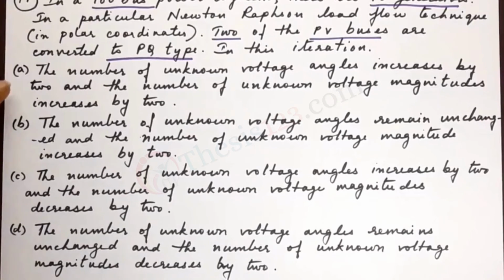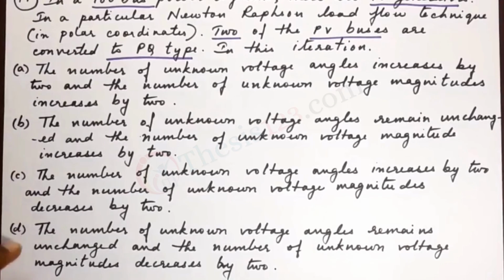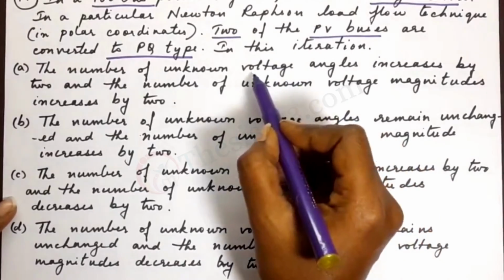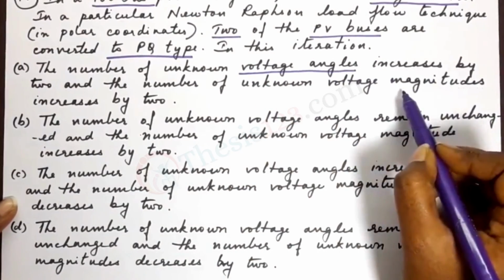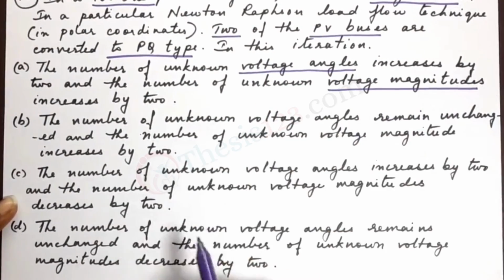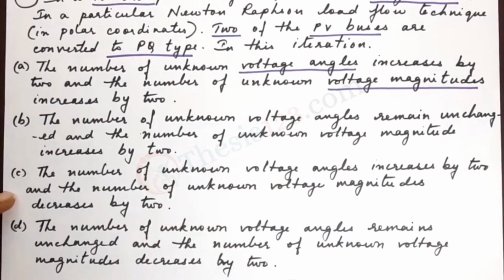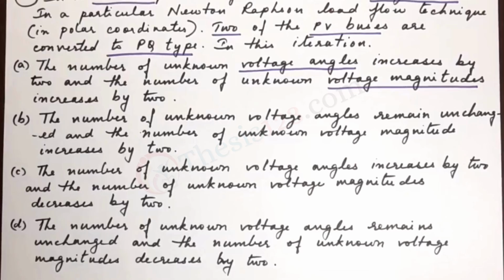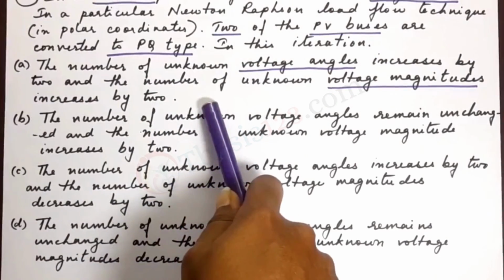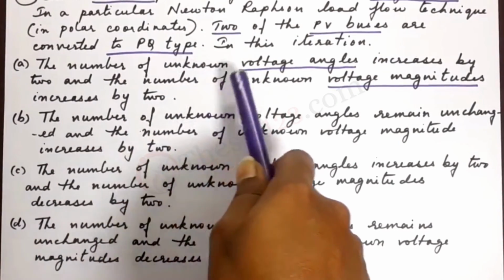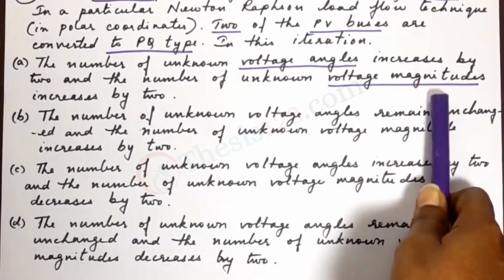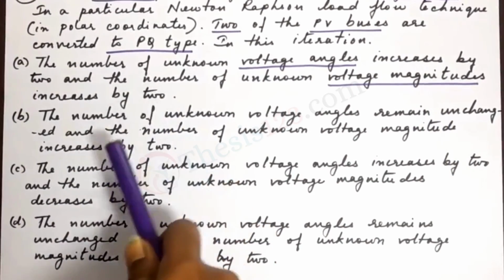You will notice that in each option, we are dealing with 2 things, voltage angles and voltage magnitudes. These are the 2 with different combinations, and we'll have to find out exactly which one is right. Option A says that the number of unknown voltage angles increases while the voltage magnitudes increase by 2 as well.